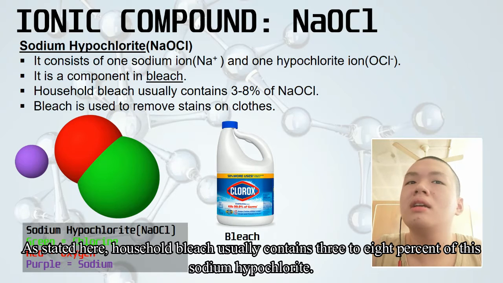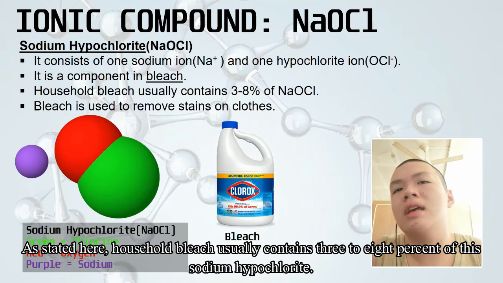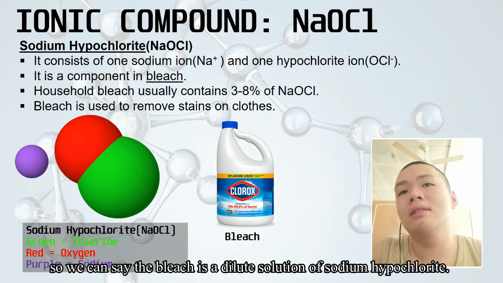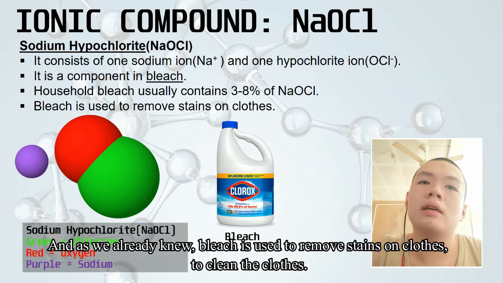As stated here, household bleach usually contains 3 to 8% of this sodium hypochlorite. So we can say the bleach is a dilute solution of sodium hypochlorite, and as we already knew, bleach is used to remove stains on the clothes, to clean the clothes.